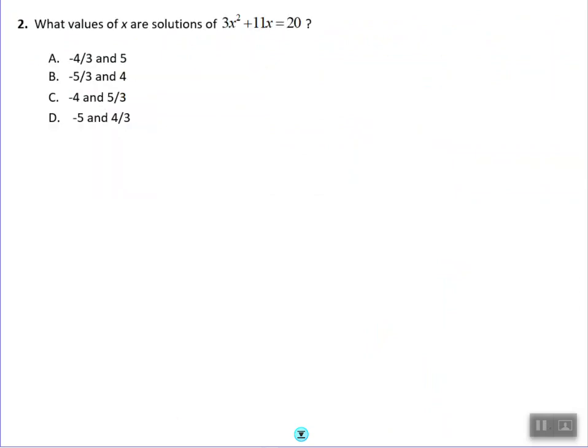Let's take a look at another example. Here we want to know what values of x are solutions for this equation. Remember that solutions are the same thing as x-intercepts, so we really just want to know what the x-intercepts would be.